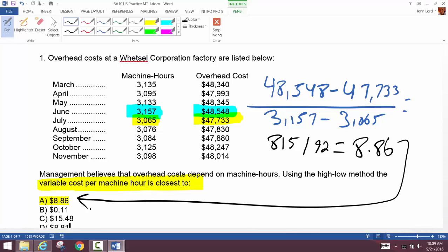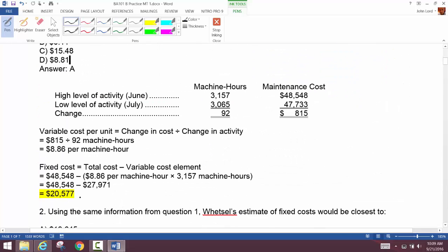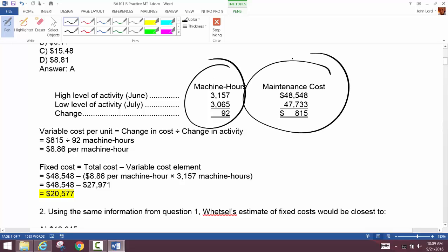Now that I have my variable cost per unit, there's how they showed us how they did the solution. We just did that up there. Now they want me to figure out the fixed cost. I can use either the high or the low.